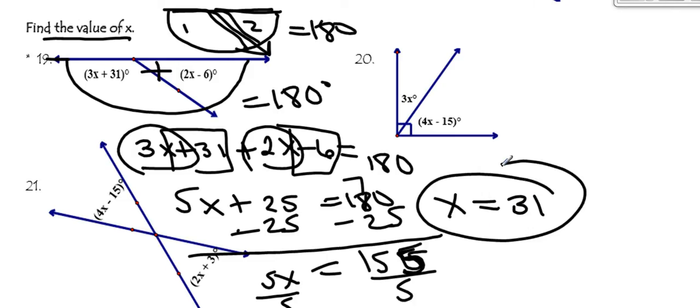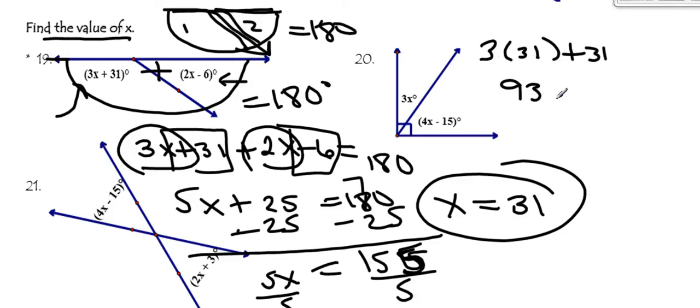Now, granted, it did just ask us for the value of x, but we are good students and we always check our work. So I'm going to plug x back into both angles to make sure they do in fact equal 180. 3x plus 31 is 3 times 31 plus 31, which is 93 plus 31, which is 124.